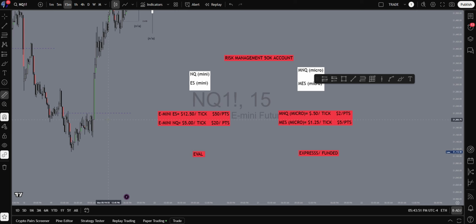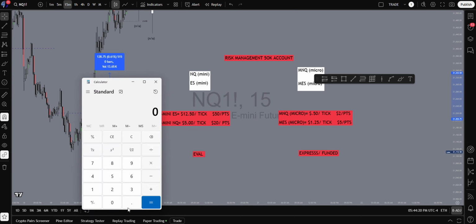So if I were to measure out this candle on the left of us from top to bottom, it says in our top right corner 515. That number means ticks. So if you were to do the math, what would be 515 times 5? Hopefully you guys can see this.